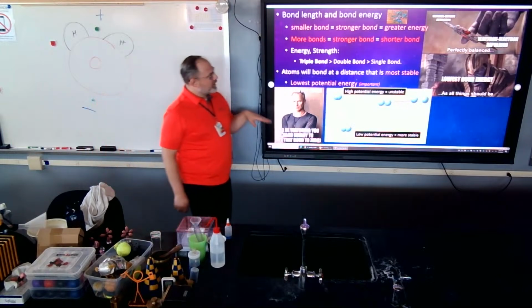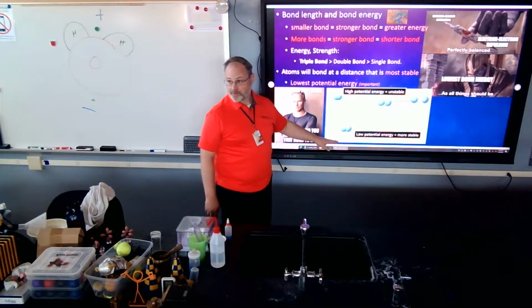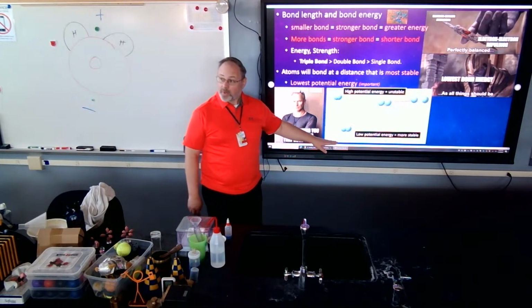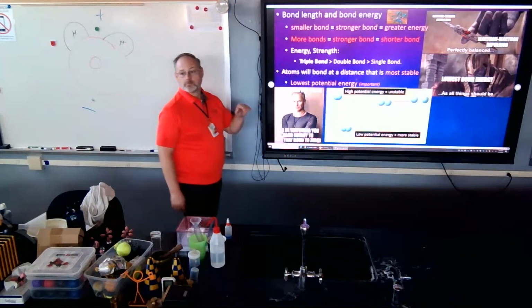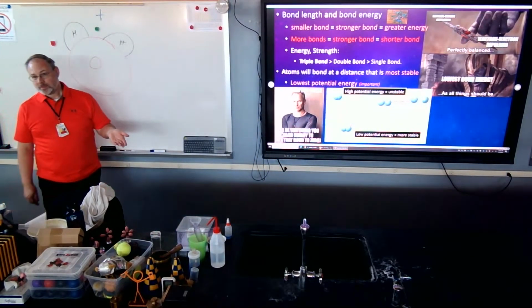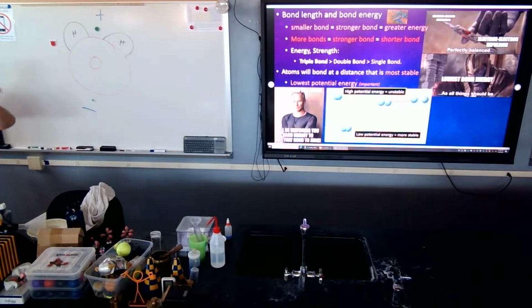So if you have something that's bonded, it's going to have a negative potential energy. To unbond it, to break the bond, we have to apply energy to get it back to zero, because a zero energy state is high energy.